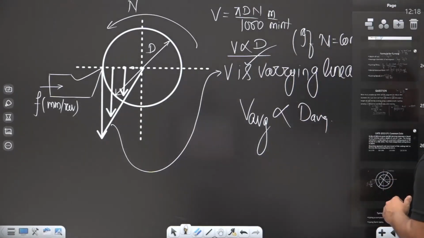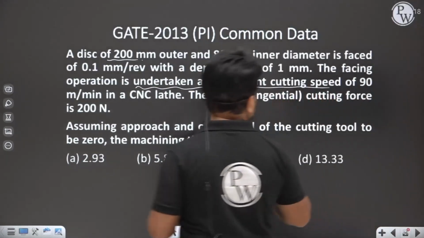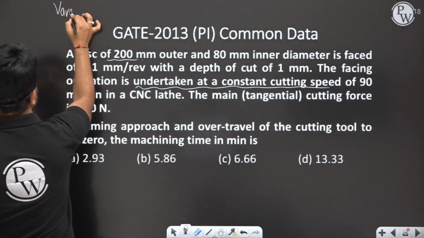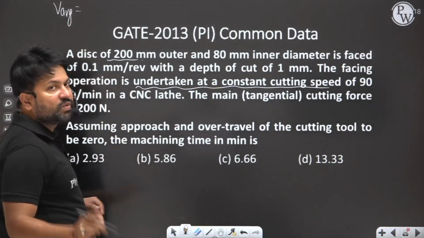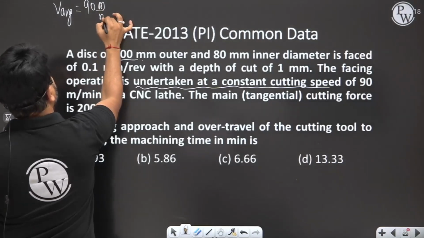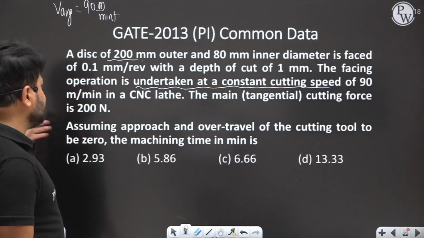So here he is saying that the speed, V average, is a constant 90 meter per minute, because an average quantity is not going to change. The main tangential cutting force is that much.